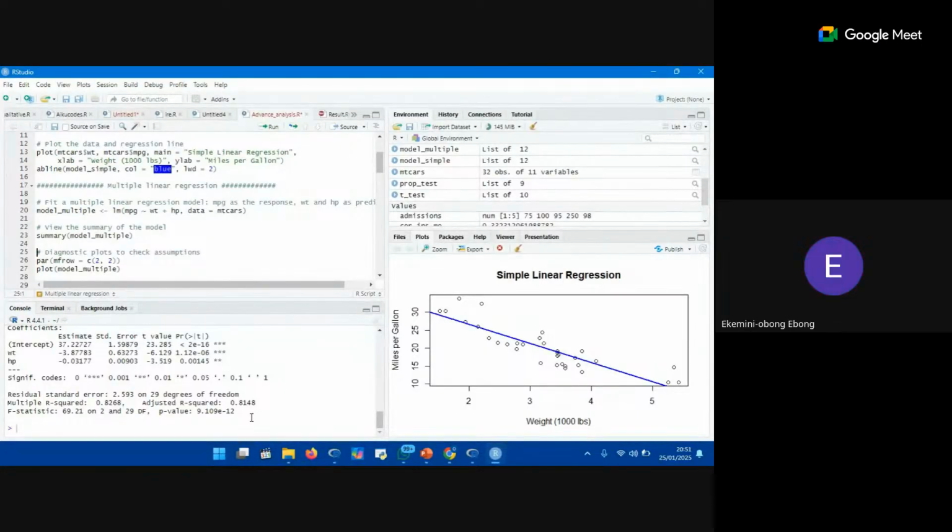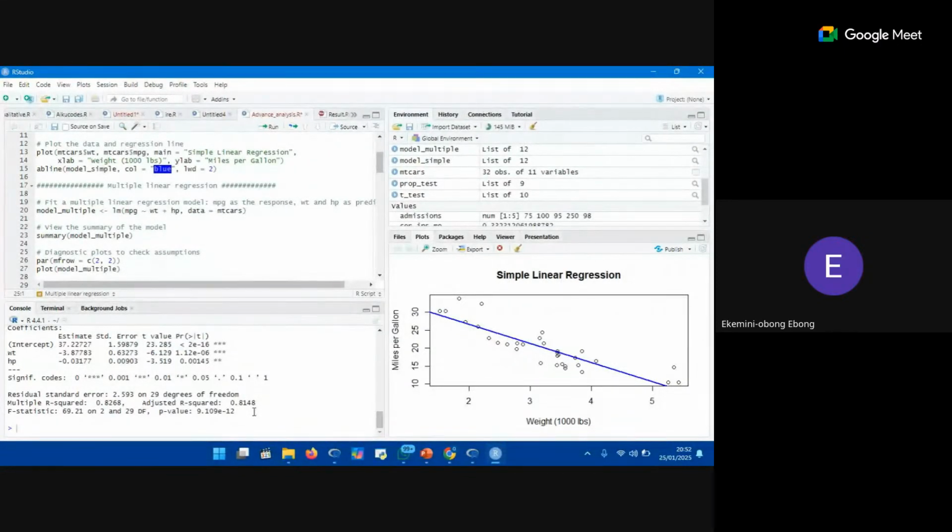So which one? This one that you are seeing for the multiple linear regression. The adjusted R square is 0.8143. What is the interpretation? Okay, let me try. Please go ahead.